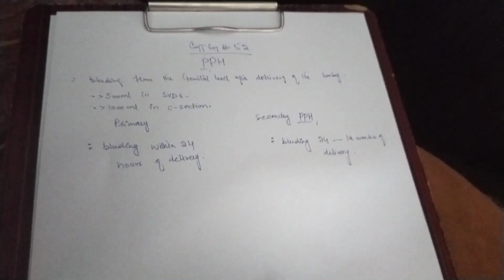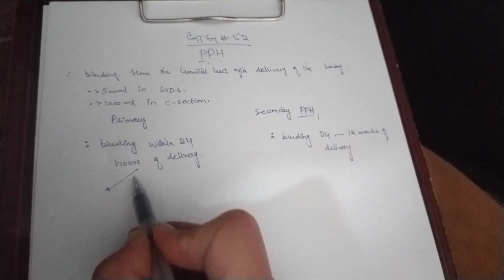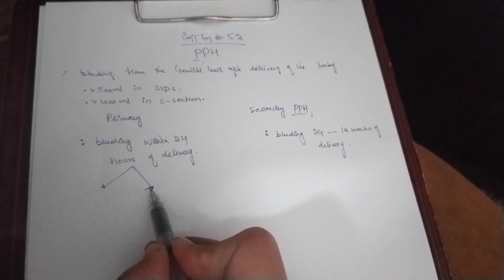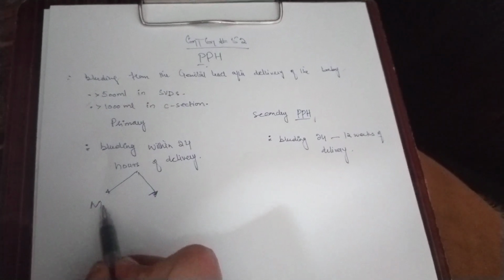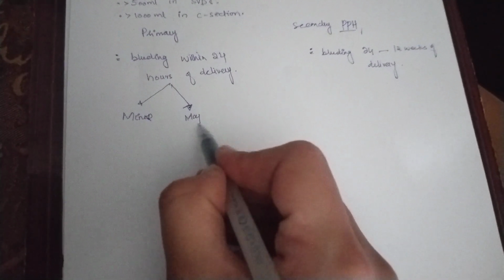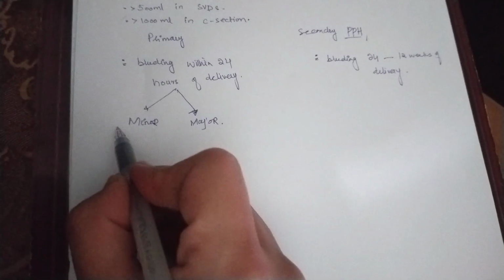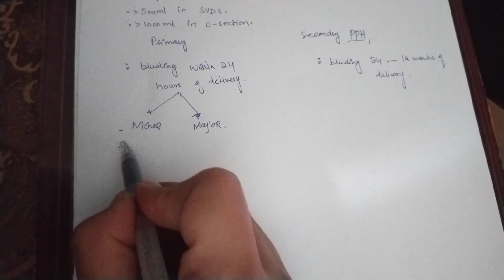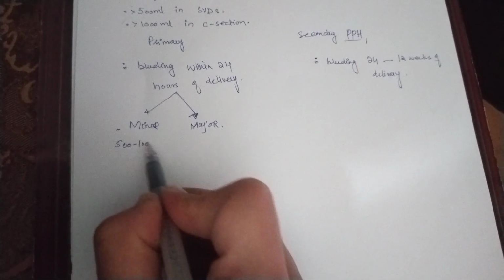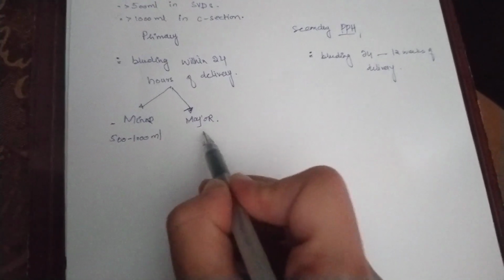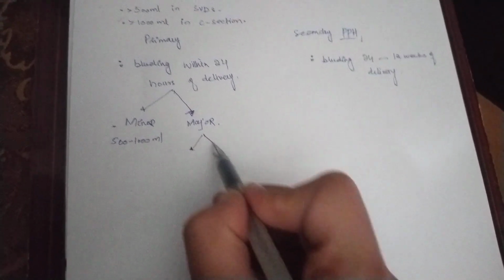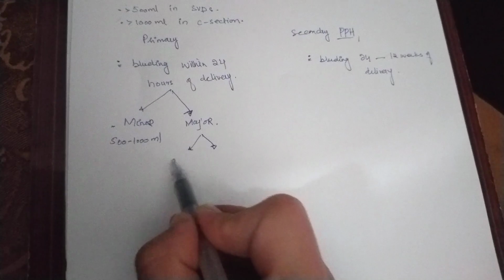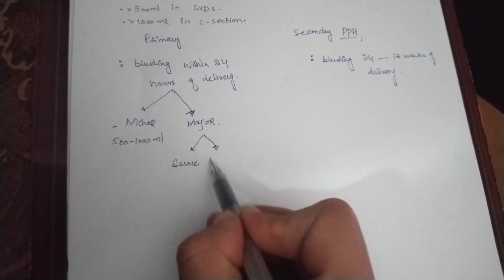Okay, the primary PPH we have mainly divided into two further subtypes. One is minor and one is major. Okay, we will call it minor when the bleeding is between 500 to 1000 ml, and the major we have divided into two further types: moderate and severe.